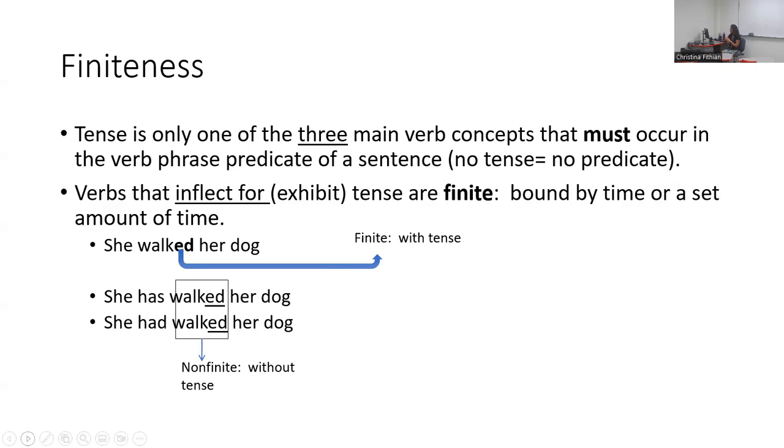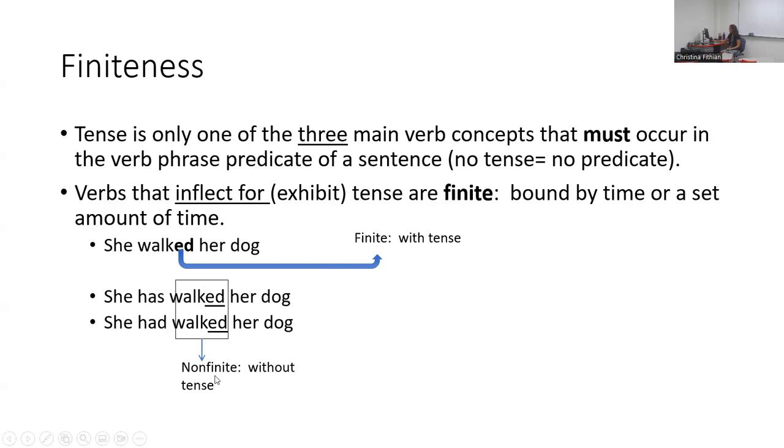If, however, we have the sentence, she has walked her dog, or she had walked her dog, well, what we remember from the previous slides is that tense always moves to the verb or auxiliary verb to the left. So has and had both are going to carry the tense. They're both going to inflect for tense. But walked, although it looks like past tense still, it's not.